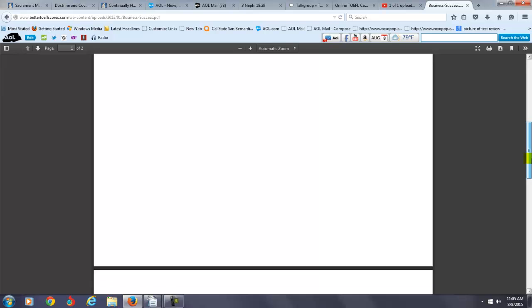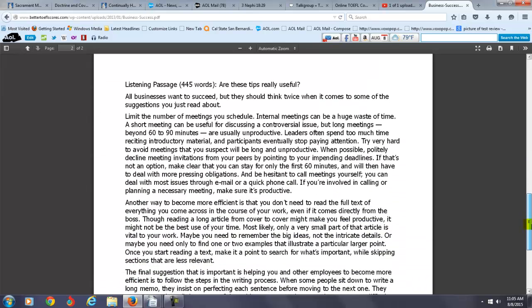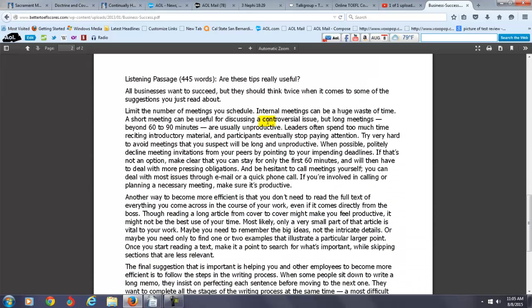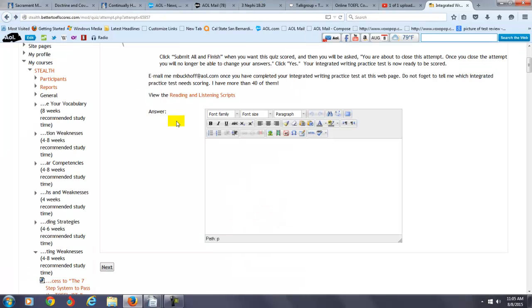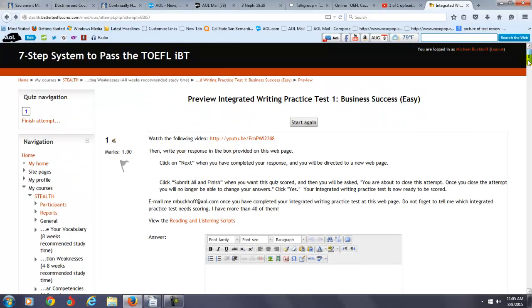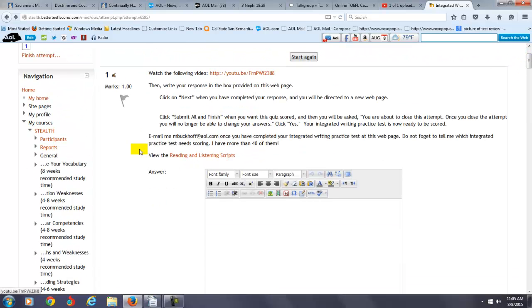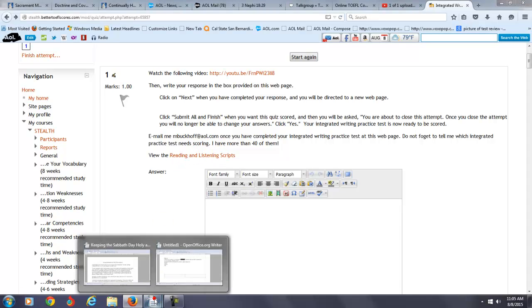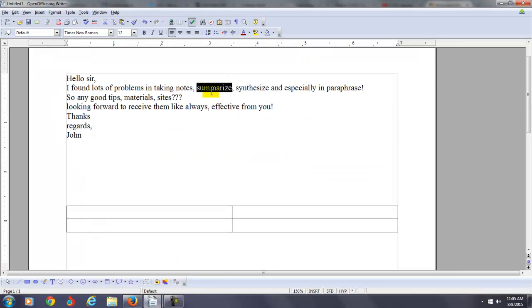You can also take notes in the lecture and then compare your notes to the listening script. So this is going to be very useful to help you with your note-taking. Do you see what I did? I went to one of the integrated writing practice tests right here, and you notice it says view the reading and the listening script. So you can actually see them right here. So that's going to help you with your summarizing, right?